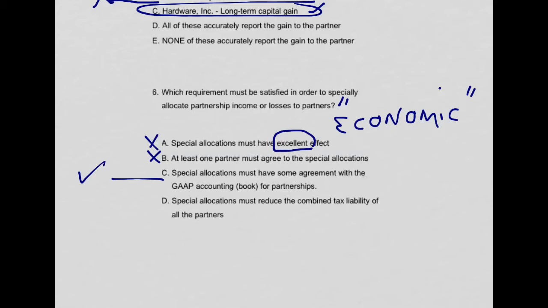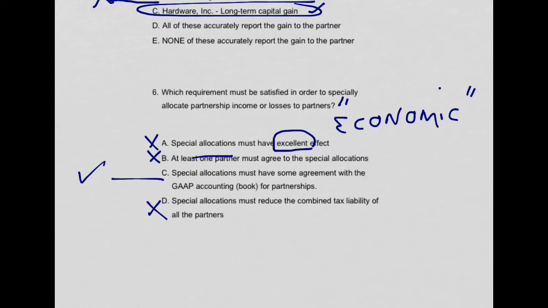It seems to be a fabrication of somebody's imagination. There's some sort of logic to D, that it must reduce the combined tax liability of all partners, but not all partners may have a tax liability. So it seems like a sort of ludicrous statement.